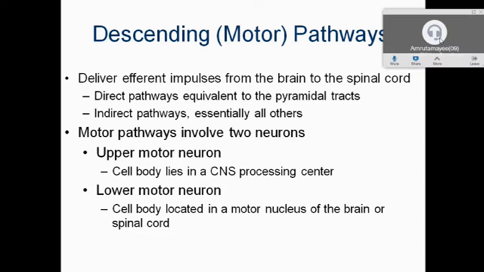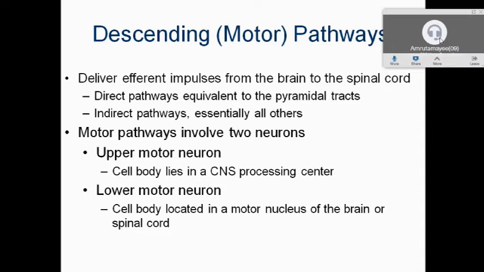So, counter to that, today we will see the descending tract or descending pathway. It is also called the motor tract or motor pathway. These are impulses from the brain to the spinal cord.